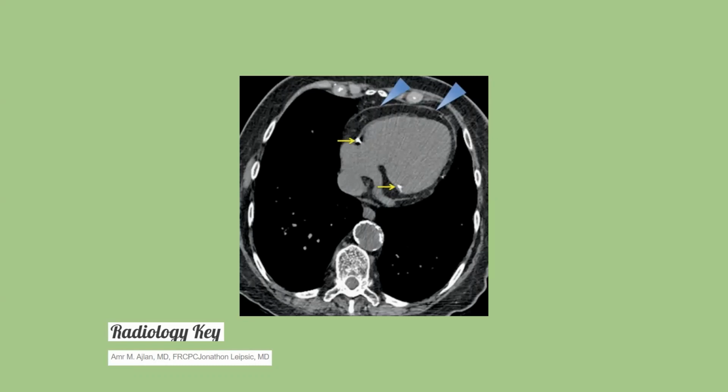This is a coronary artery, which is what? This is the RCA, okay? The right side is here, the left side is here. So this is RCA, and this is MAC.